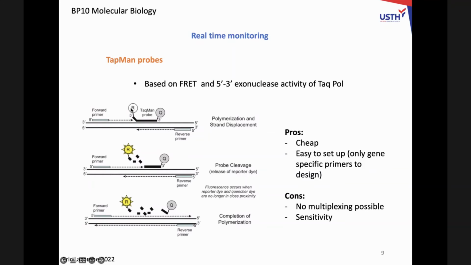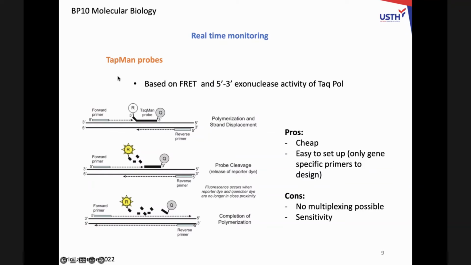And this probe is covalently linked to two different fluorochromes. One is a proper fluorochrome, which means that if we excite it with a specific light, it will give fluorescence. But the other one, very close to the first one, is called the quencher. And the quencher is going to absorb the fluorescence that is produced by the R part of the fluorochrome.